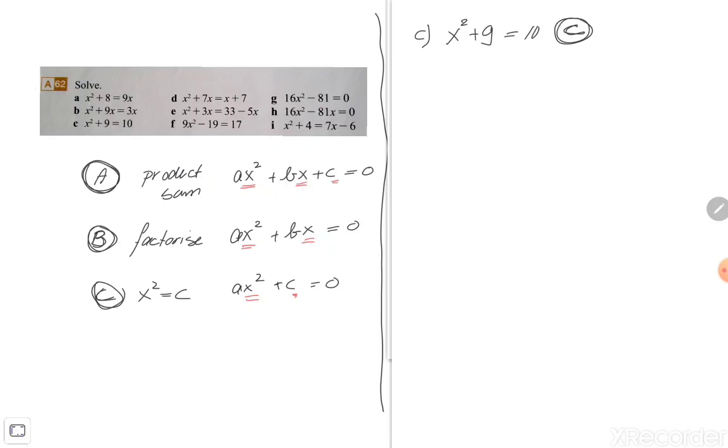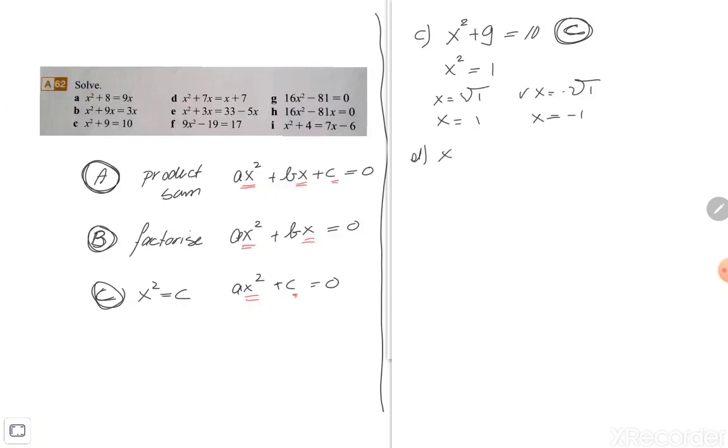So if I subtract 9 on the left and even on the right side, then you get x squared is equal with 1. So x is the square root of 1, or x is minus the square root of 1. So x is 1 or x is minus 1. There you go.